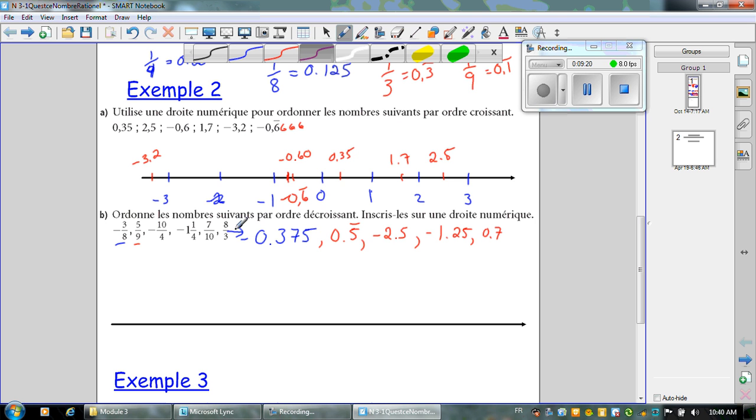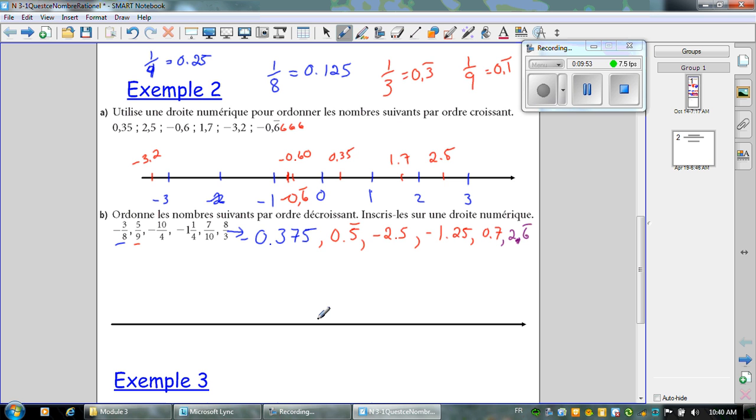I know 1/3 is 3 repeated, and here 3 goes in twice, so I have at least 2 and 2/3. 2/3 is 6 repeated. So now that I've changed them all into decimal form, I can easily place them on the number line. My biggest one is 2 and 6 repeated, and my smallest is negative 2.5.